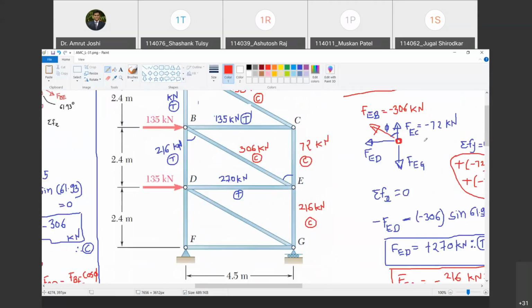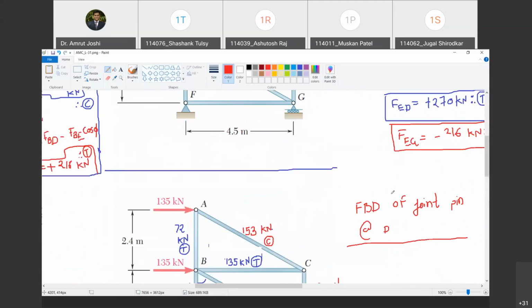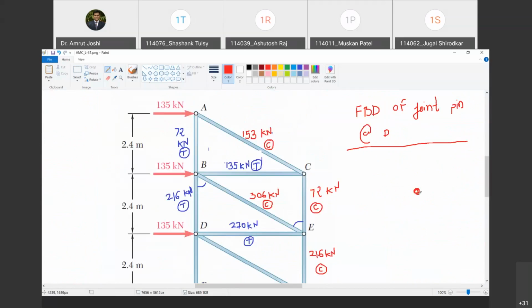By the way, in this diagram I should give a name. This is the free body diagram of the joint pin at E, so I have given the name as E. Similarly, this is the joint pin at D. After drawing the free body diagram, wherever space prevails, I will give the name as D.